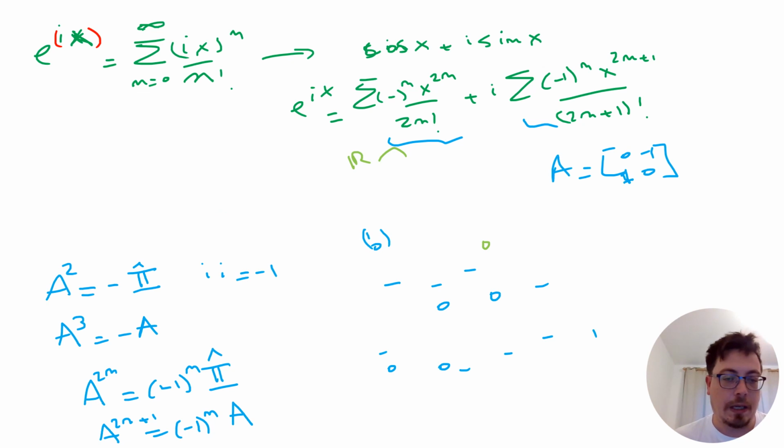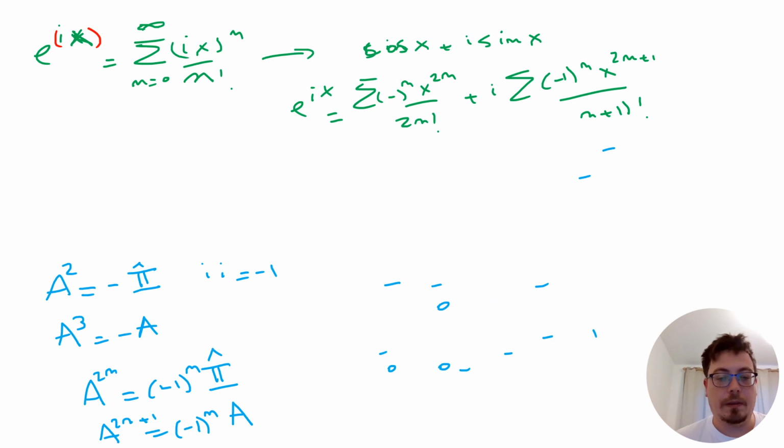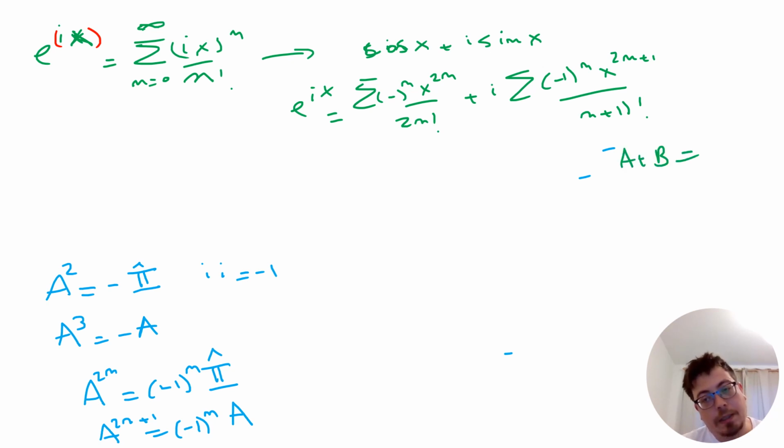And what I want to say is the following. Let me erase what I don't need, which is this and this. The only thing that we need to remember is that we can sum two matrices to get another matrix, and to do that we just do it element by element.